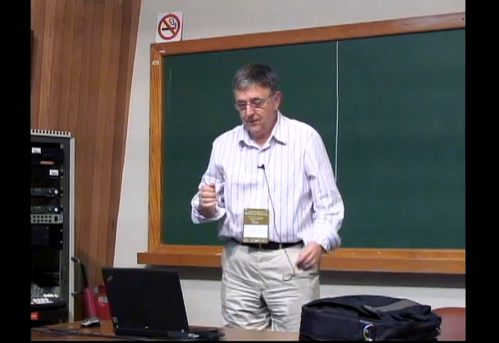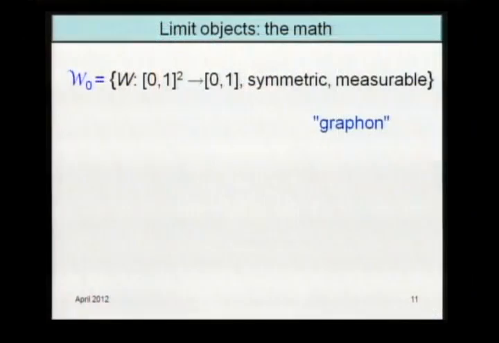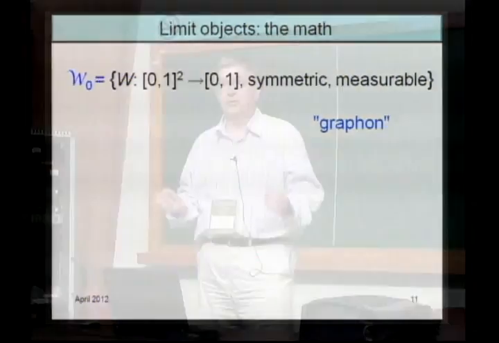Now, if we talk about convergence, we have to describe the limits, and we have seen this already. The limits are two-variable symmetric measurable functions, defined on the unit square with values between 0 and 1. We call these functions graphons. So these represent the limits of graphs, or in other words, the completion of the space of graphs.